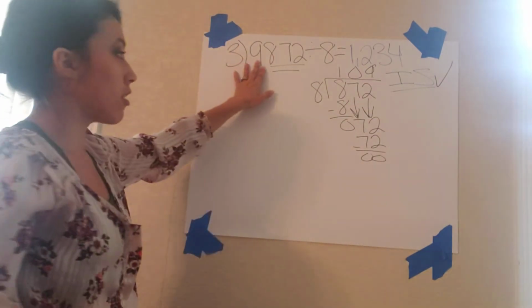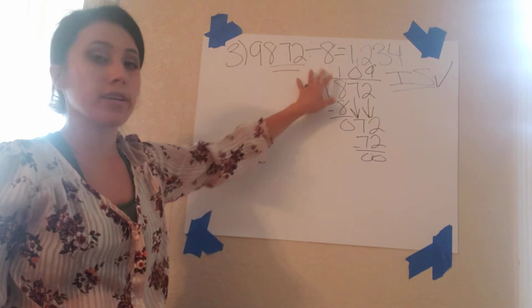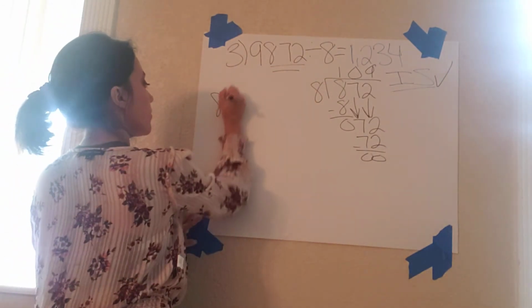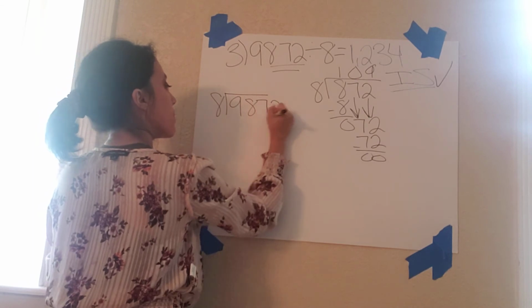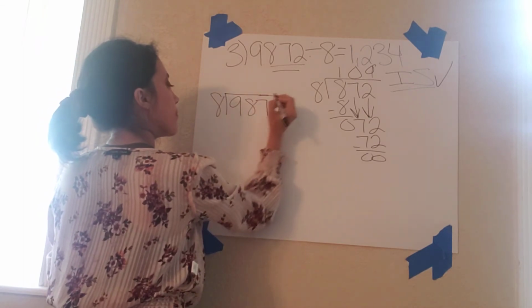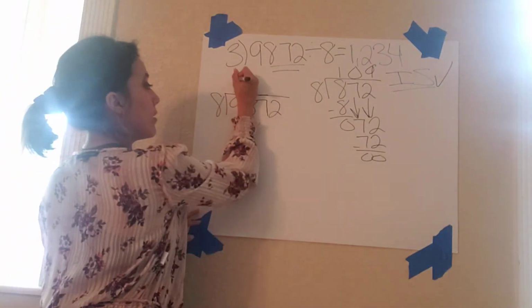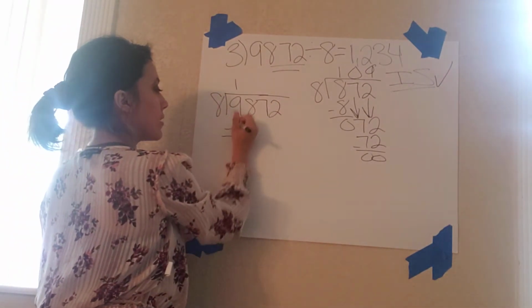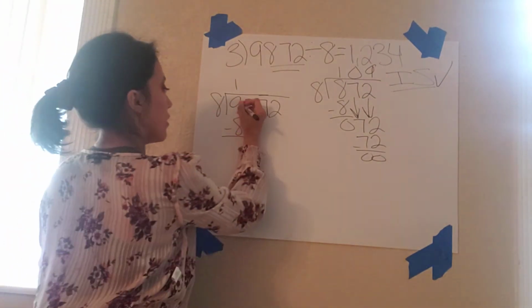Now we're going to go ahead and solve the math equation of 9,872 divided by 8. So we know 8 times 1 equals 8, because 8 is the closest number that we can get to 9.